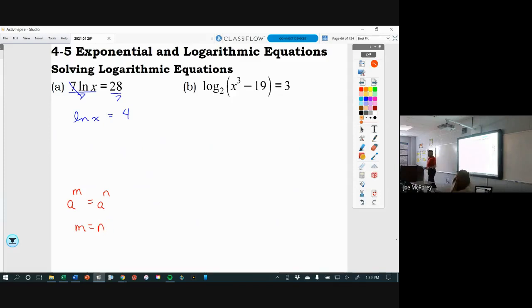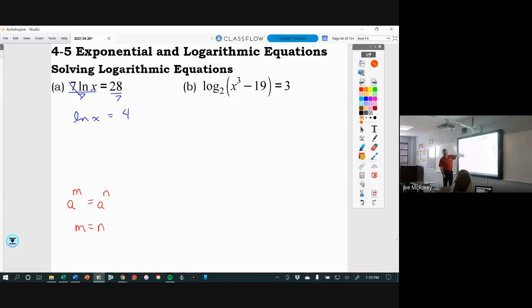We're going to use that property going the other direction. What I have here is natural log of x and 4. I'm going to make these exponents by choosing some base to put down here, and the base I'm going to choose is whatever base natural log is. So what base is natural log?